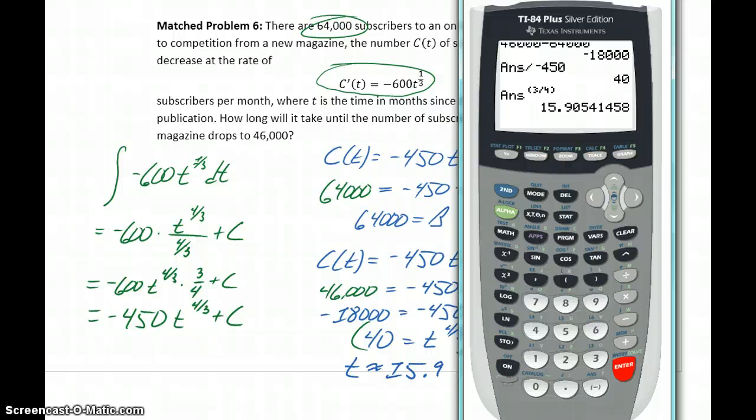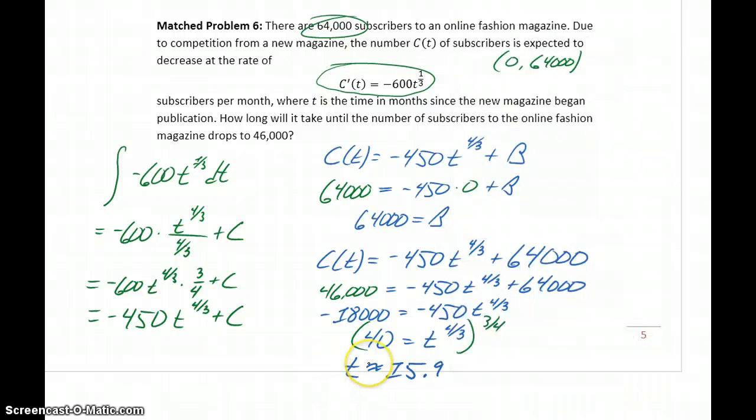So about 15.905, whatever. So about t is approximately 15.9. So our answer would be, how long will it take? We would say about 16 months, depending on how specifically we were asked. But it'll take approximately 16 months for our number of customers to drop to 46,000.